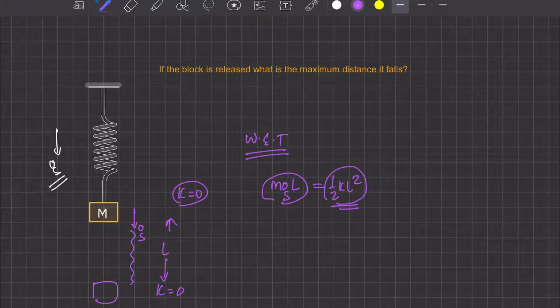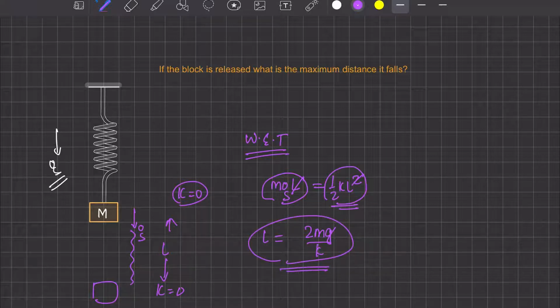Now, if we equate these two, then the L's cancel. So L equals 2mg by K. This is the maximum extension of the spring, and also the distance that the block falls.